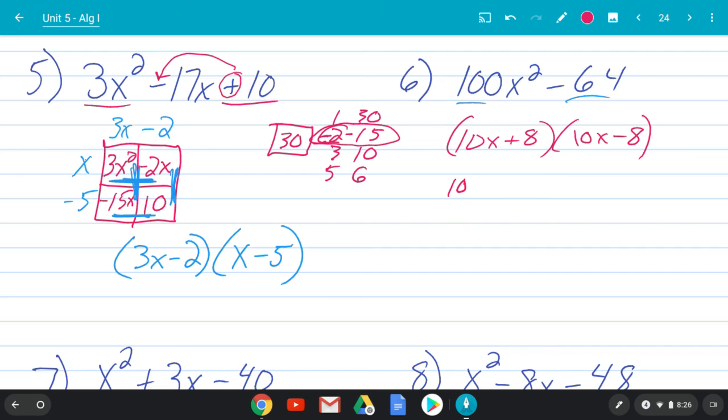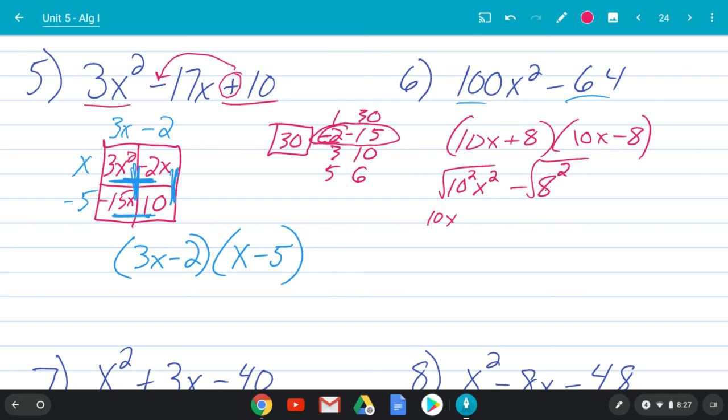Could this be 10 squared times x squared minus 8 squared? Is that the same thing? Yeah. So what's the square root of this side? What's the square root of this side? Well, square root of 100 is 10. The square root of x squared is x, right?